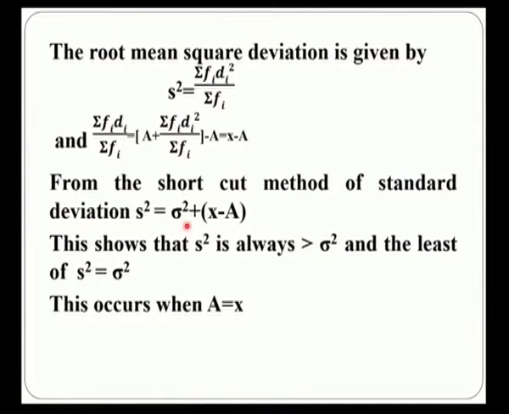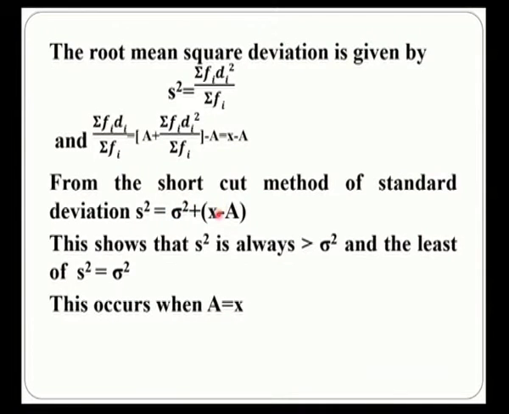So, S square is equal to sigma square plus x bar minus a whole square. This shows that S square is always greater than sigma square, and the least value of S square is sigma square.